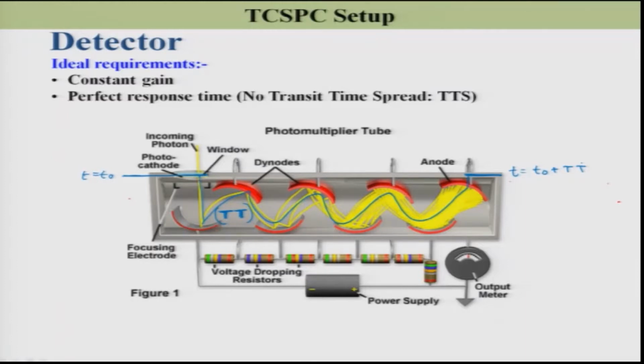But now, these photocathodes have some dimension. This is the dimension of my photocathode. The photon may fall at this position as shown here, but it may also fall at this position, because it has some dimension.